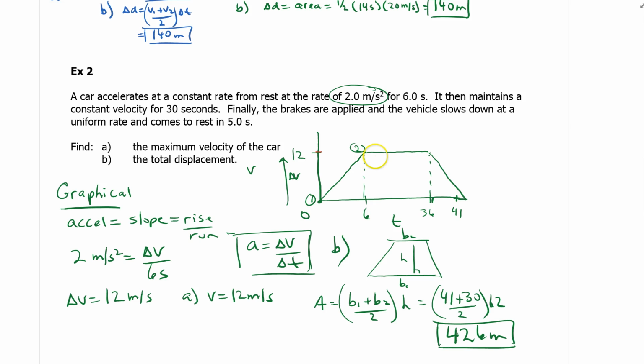And then I would say this one uses constant velocity, so delta D is equal to V times delta T. And for my last one, instead of thinking this is the beginning and this is the end of my segment, I would switch things around and say that's my beginning and that's my end now, and I would find that last delta D. So I would probably have V1 and V2 and use equation number 4 here, then the definition for constant velocity, and then equation number 4 again, and then add them all together.